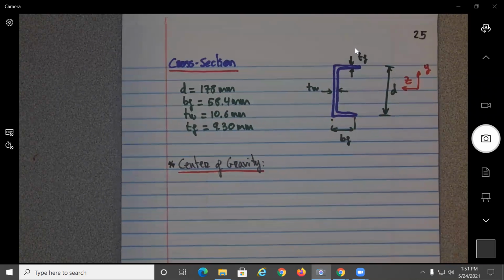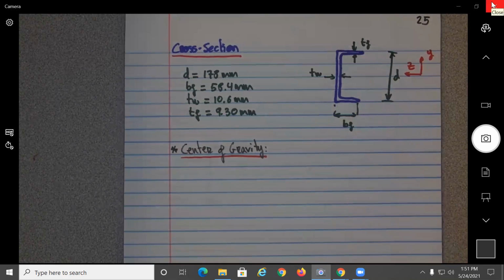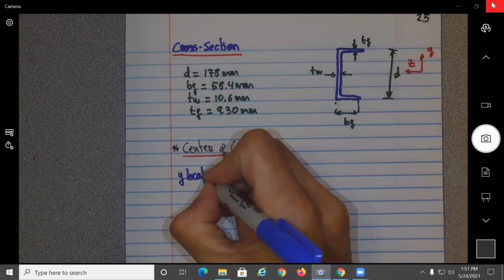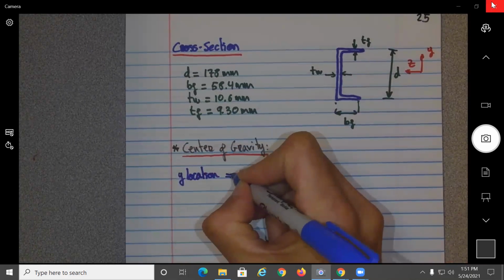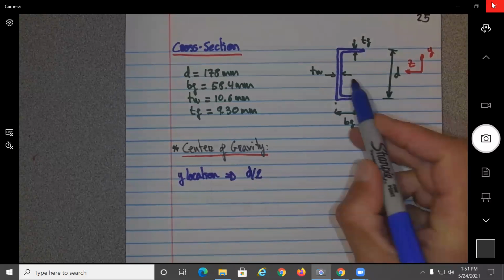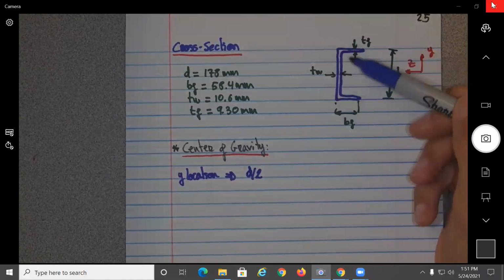Okay, so the Y, I'm not going to do it because what would be the Y located? Should be right in the middle, no? Yeah. So that one is so obvious that I'm not going to do it. So Y location is at D over 2. So it's right in the middle. What we are concerned is that what would be the Z location?